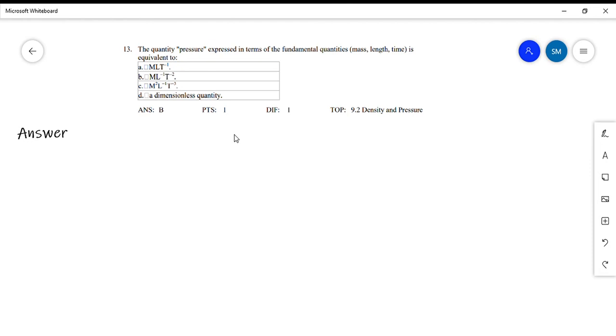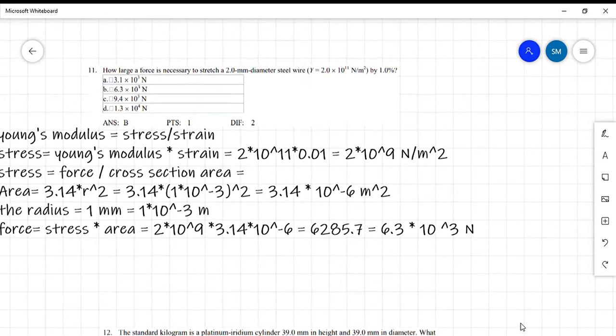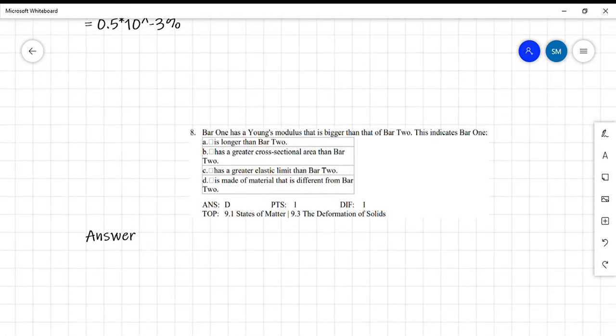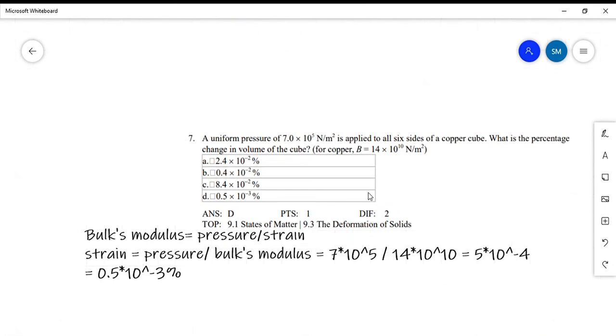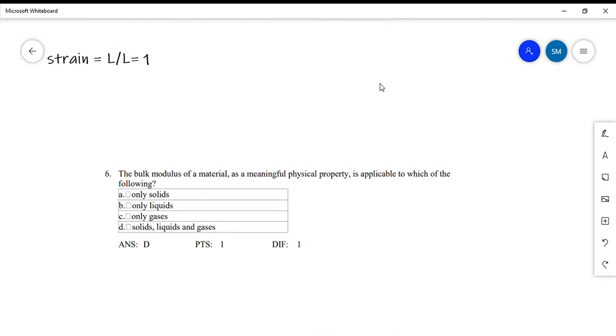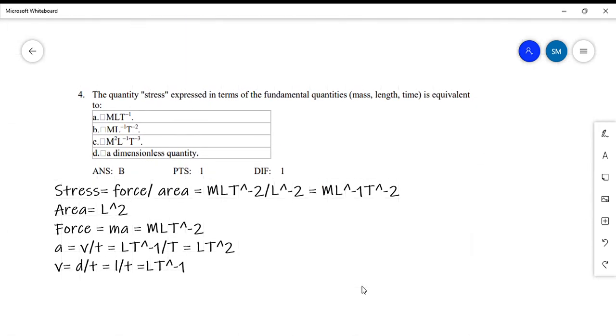So let us return to question number 4. The dimensional formula for the stress is ML^-1 T^-2. Stress is equal to force over area. Pressure, the same thing, the same steps, is the same result.